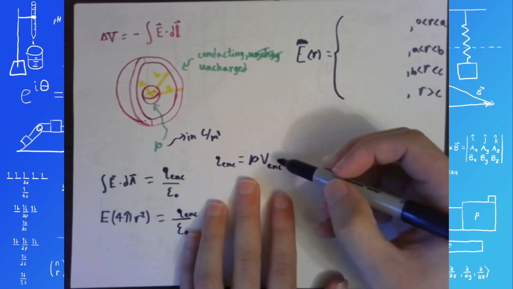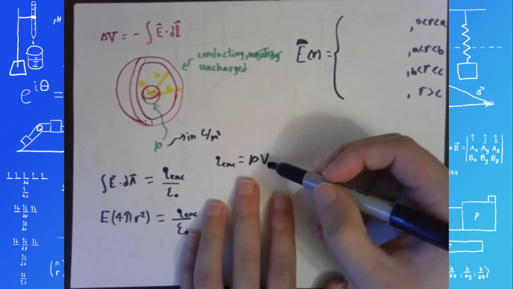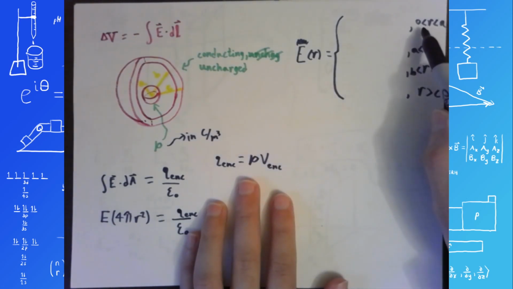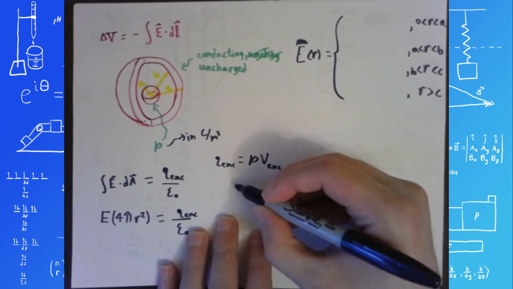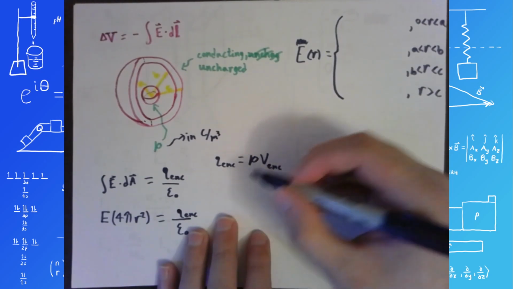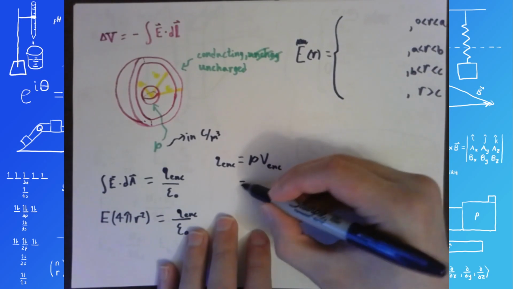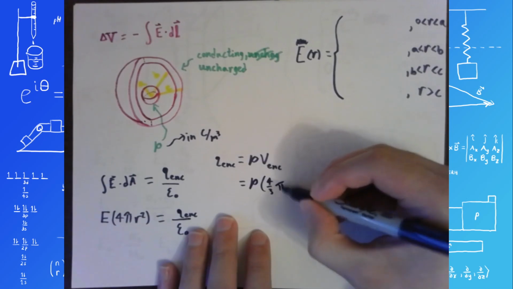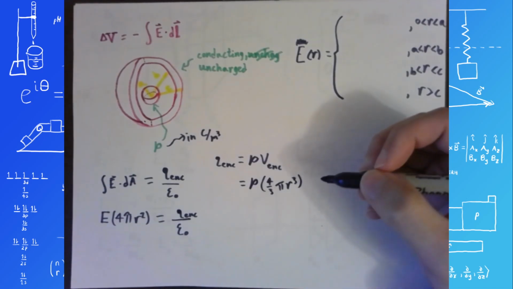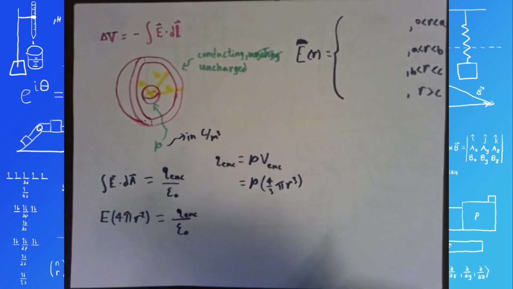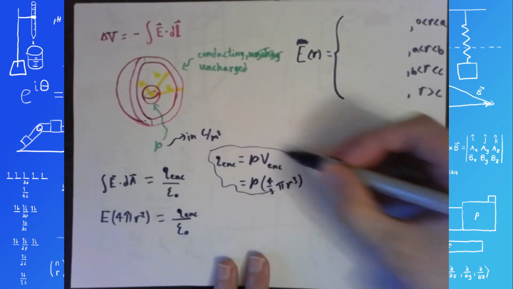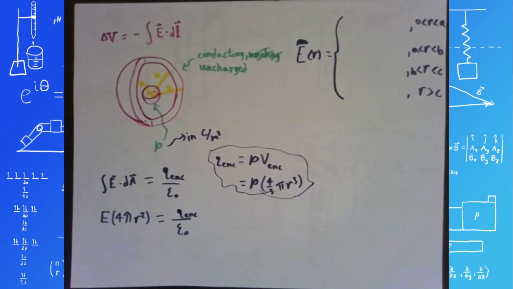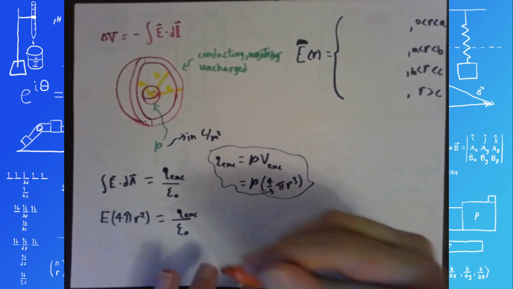So, volume charge density multiplied by volume enclosed. If the radius of my Gaussian sphere is r, such that r is between 0 and a, then all I have to do is multiply rho by the volume of that sphere. So we are going to have rho times 4/3 pi r cubed. So we can go ahead and plug that in there and see what that gives us. I can already see the pi's are going to cancel out at the very least, and the 4's, and 2 of the r's.